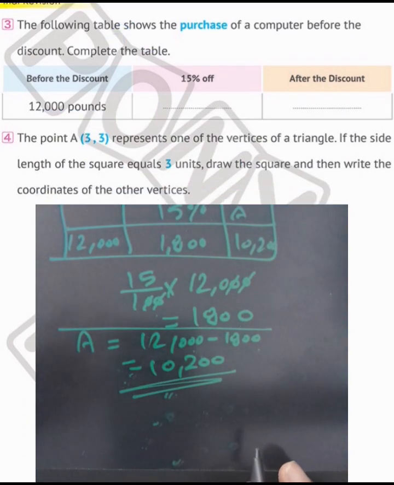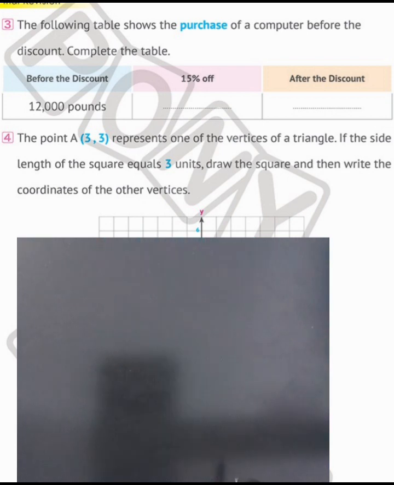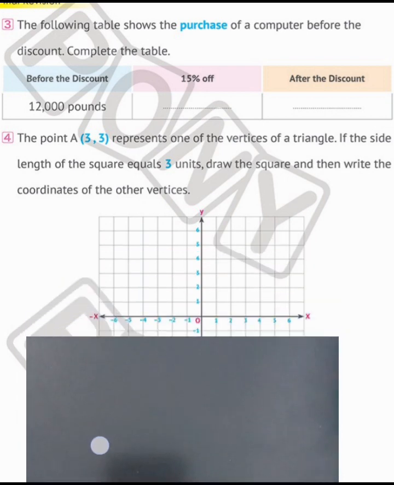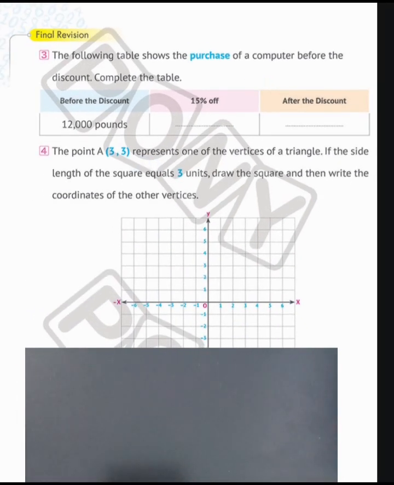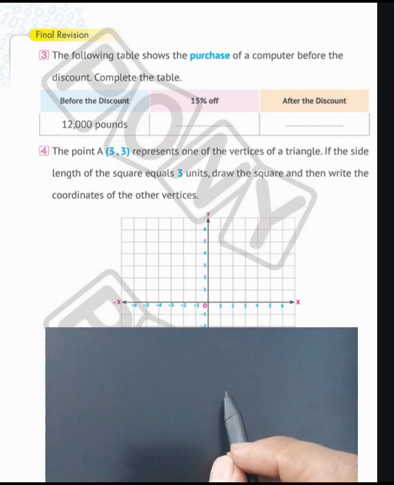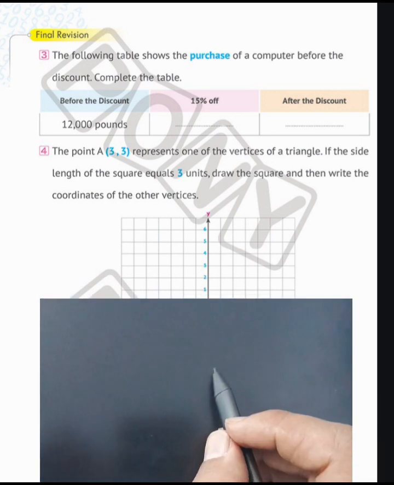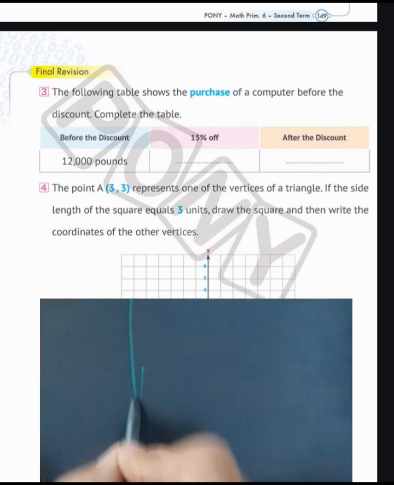Question number 4. The point (3, 3) represents one vertex of a square. If the side length of the square is 3 centimeters, draw the square and write the coordinates of the other vertices. Okay, we have 1 point here, (3, 3), and they give us this information.